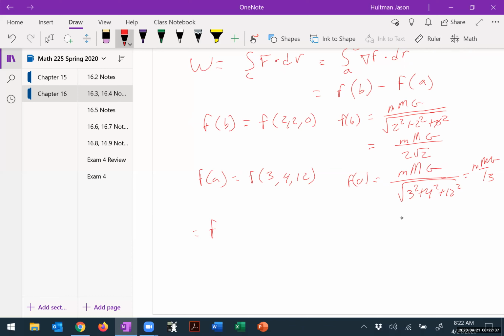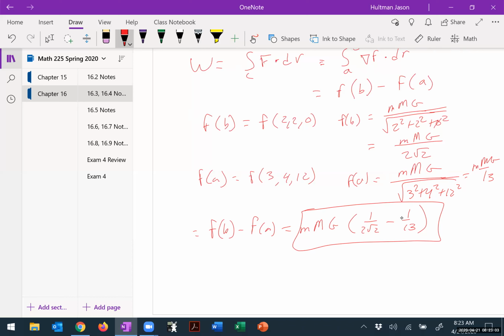So this is equal to f of b minus f of a, which is equal to, I'm going to factor out the mMG, mMG times 1 over 2 radical 2 minus 1 over 13. So they gave you what the parent function was, which made it real nice. You didn't have to derive that.